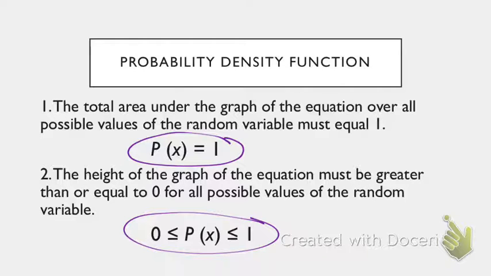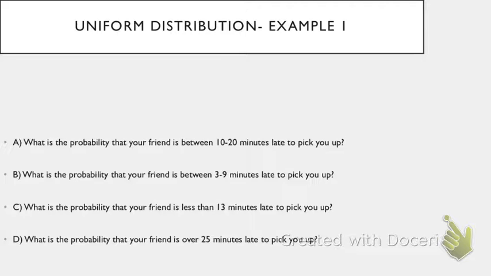Those are the two we're going to look at today. The first kind is a uniform, which looks just like a big rectangle, the same probability all the way across. Anytime you see a question that says something has a uniform distribution, the first thing you're going to do is draw a rectangle.